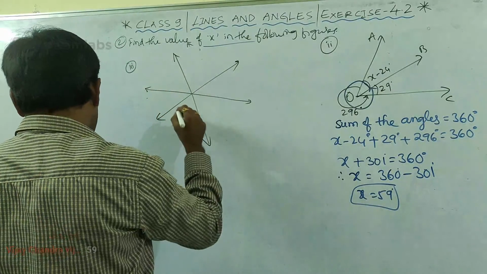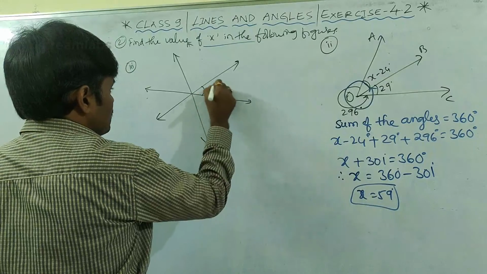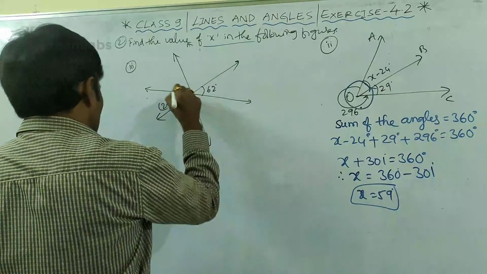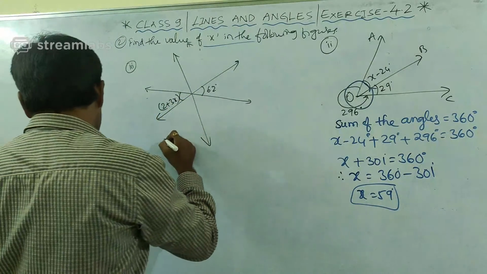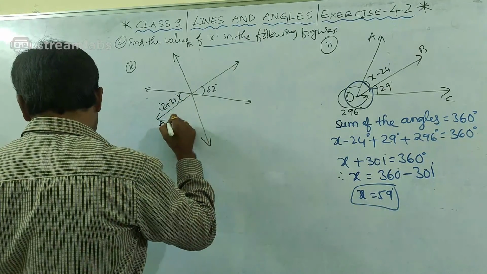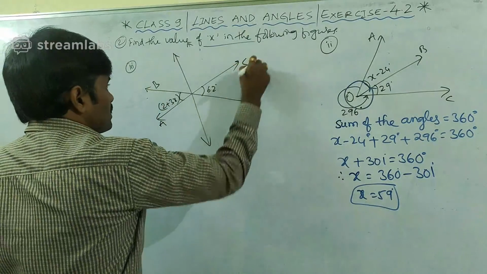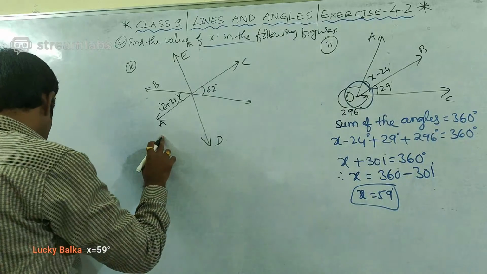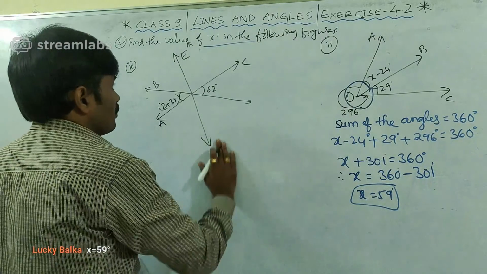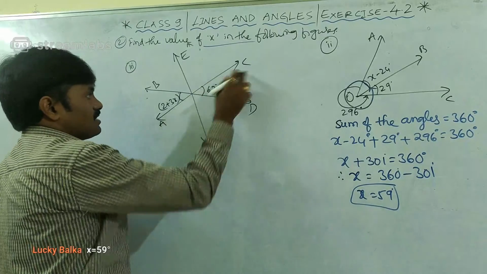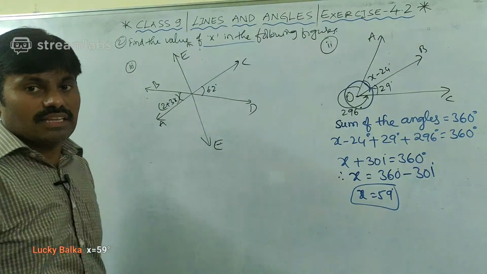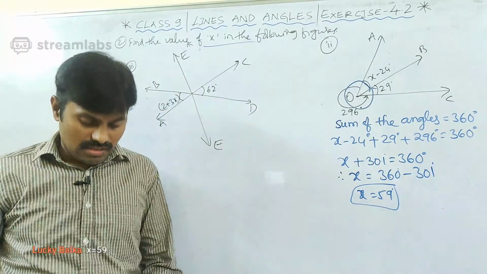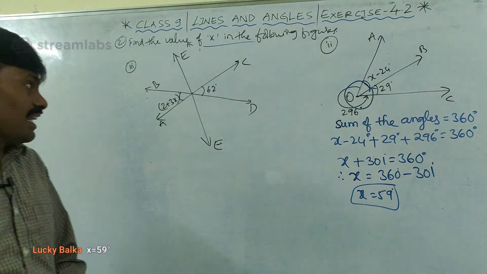Here it is 62 degrees and the other one is 2 plus 3x degrees. Here we are given A, B, C, D, E, F. AC, BD, EF, these three lines are passing through one point O.